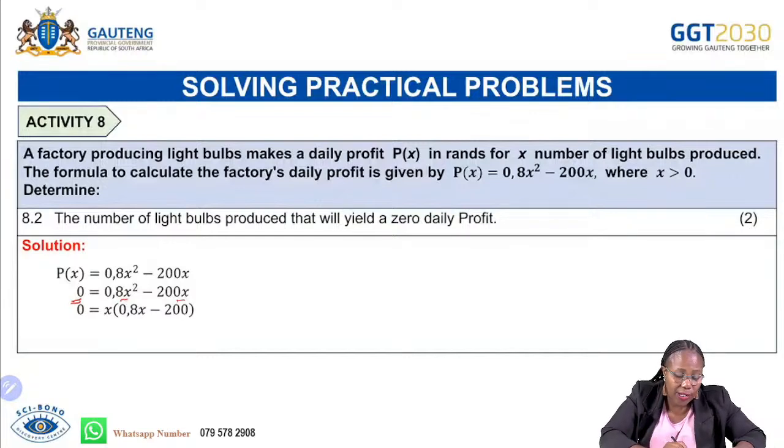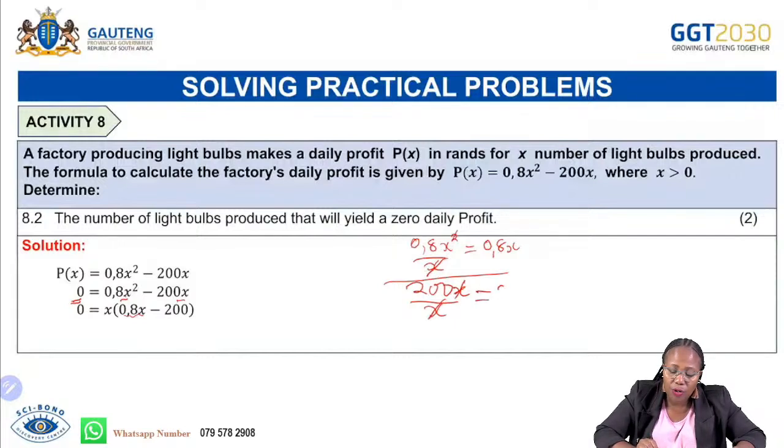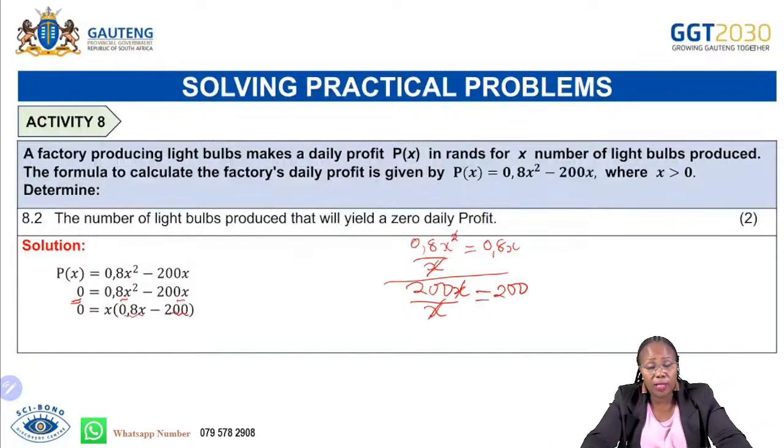When you take x out, 0.8x squared divided by x common leaves 0.8x in the bracket. The next one, 200x divided by x common, leaves 200. Hence, we have minus 200 in the bracket.